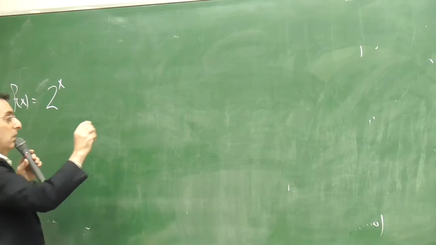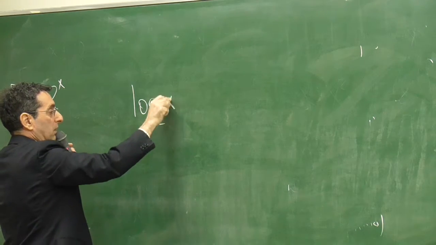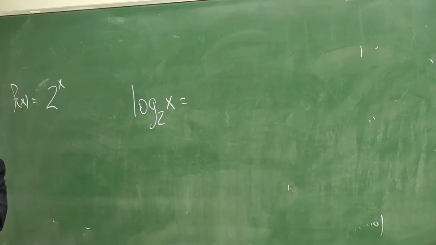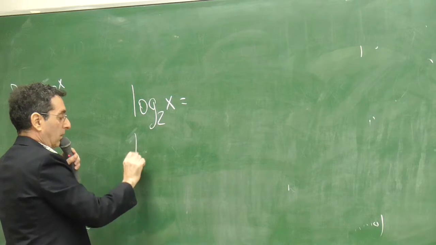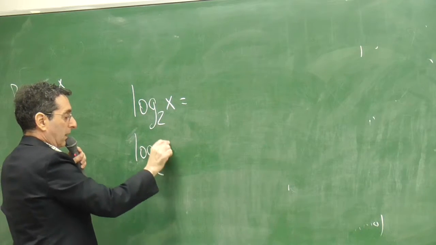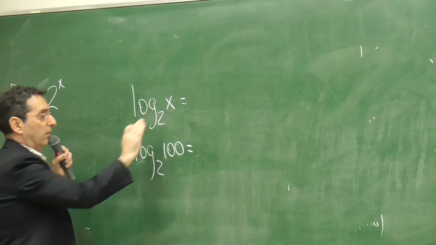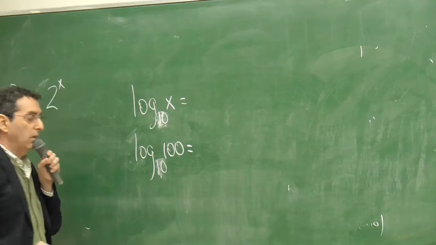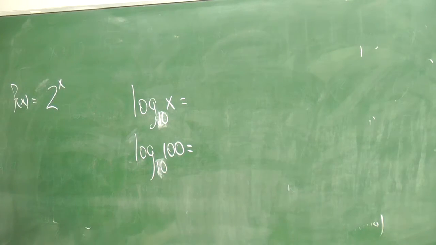Okay, now you know, I know you studied this before, so you know what this means, right? This is the log function, right? So if I ask you what's that? I think you know the answer. Do you?